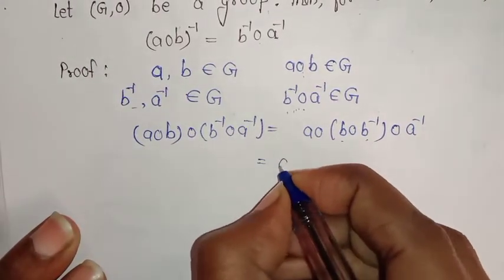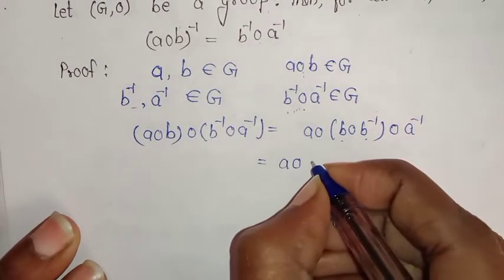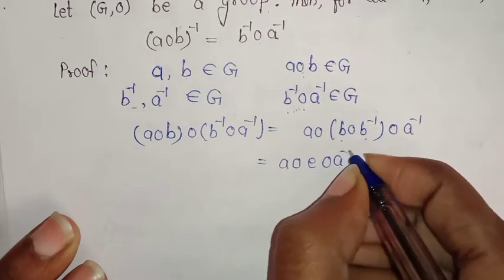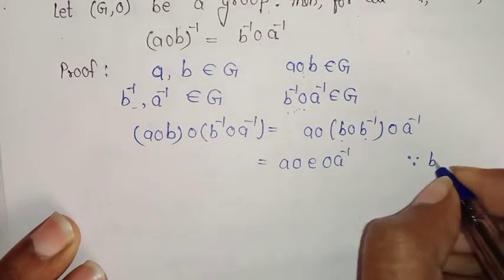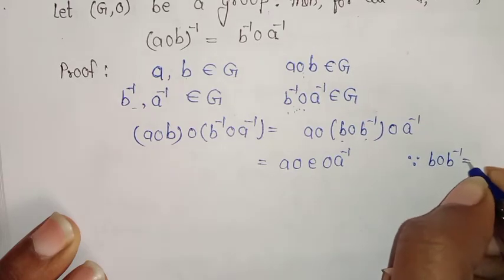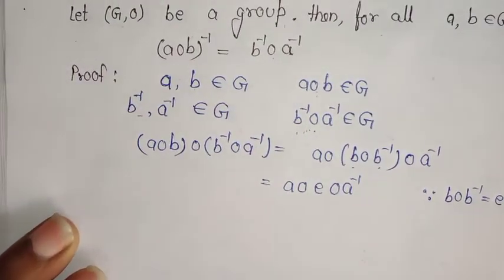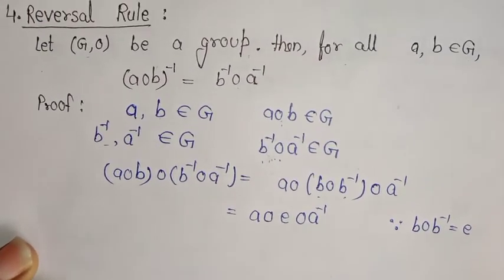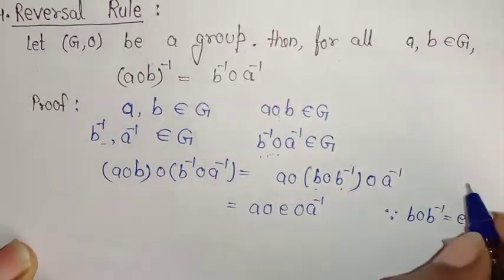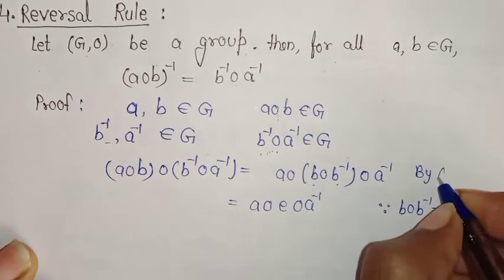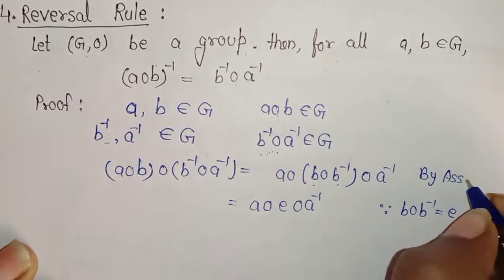So we can write it as a ∘ e ∘ a⁻¹, since b ∘ b⁻¹ is equal to e, where e is the identity of this group. Here you can write it by the associative law for your knowledge.